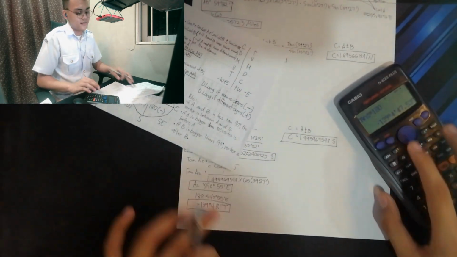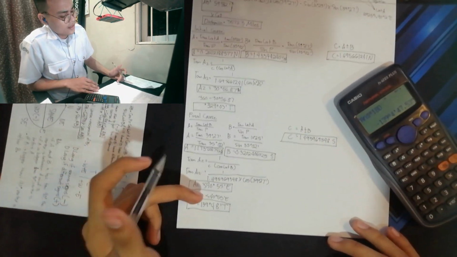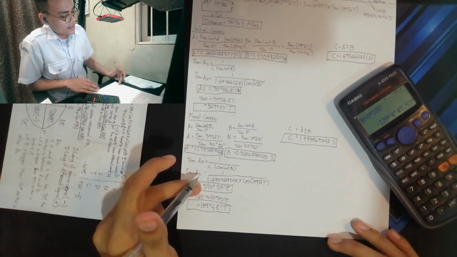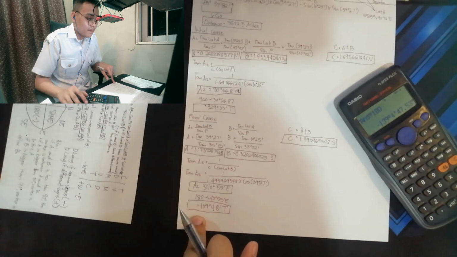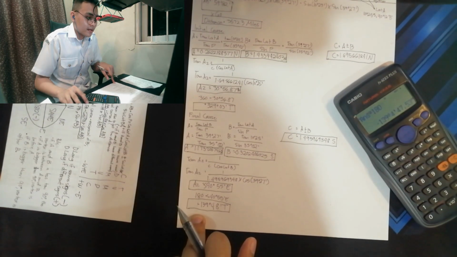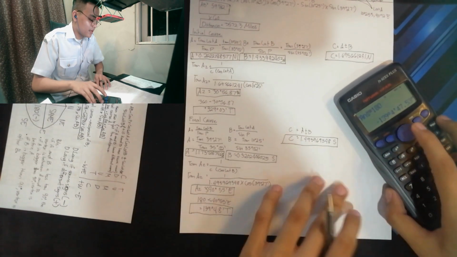So here, we got our final course already, as final course in degrees and also the true course. And then you will proceed in getting the vertex.